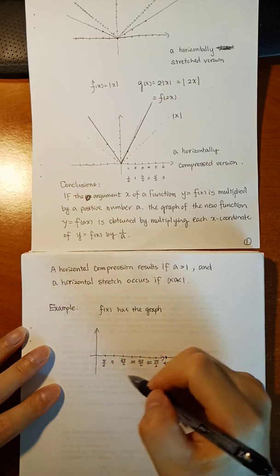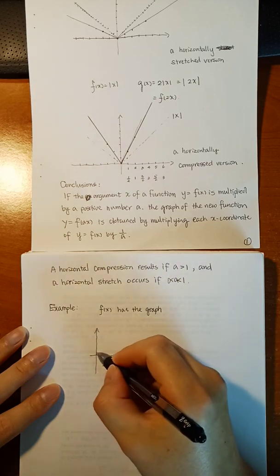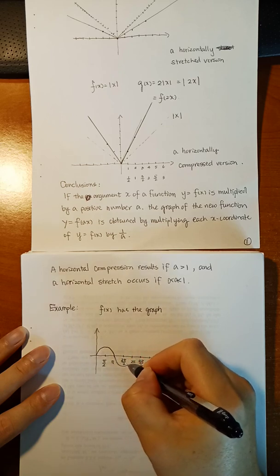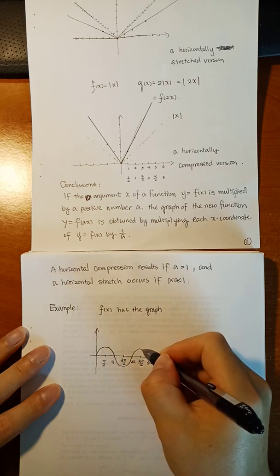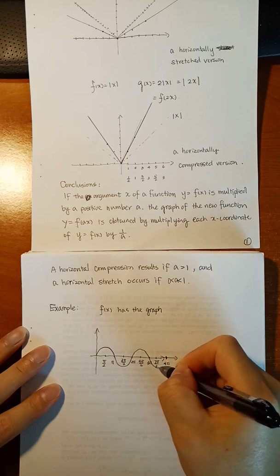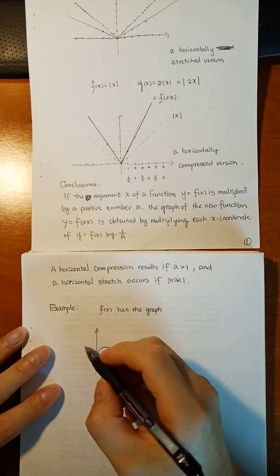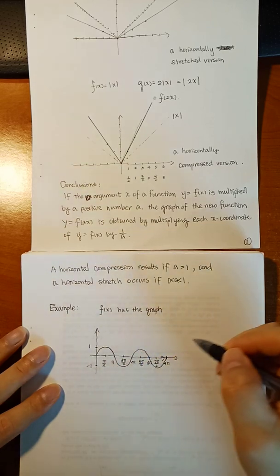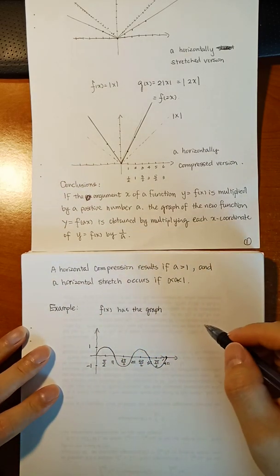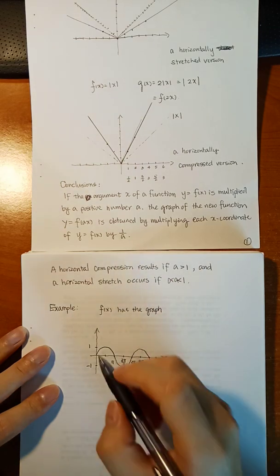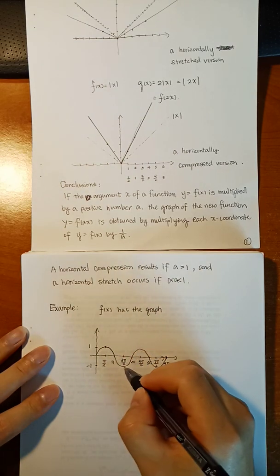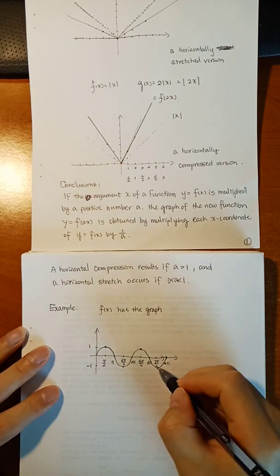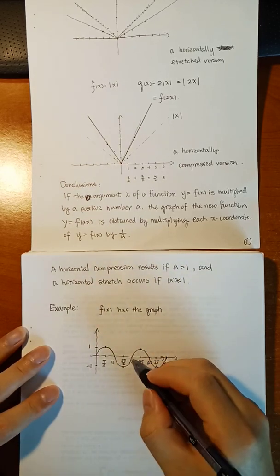Okay, so we have this and then we have wave function up, down, up, down. Okay, this is a wave function. The peak is 1, the bottom is -1. Okay, so we consider this at pi over 2 is 1, at 3 pi over 2 -1, 5 pi over 2 is +1, 7 pi over 2 -1. Okay, and all these are pi, 2 pi, 3 pi, 4 pi.